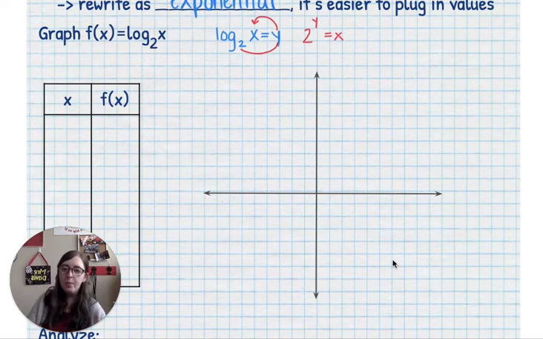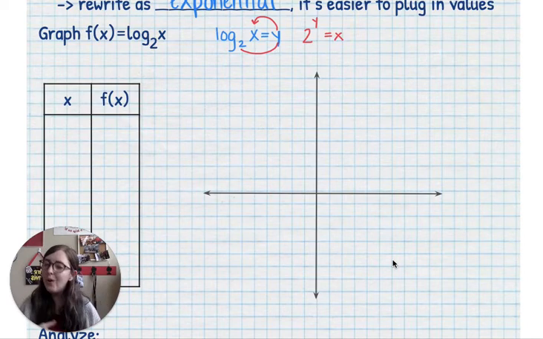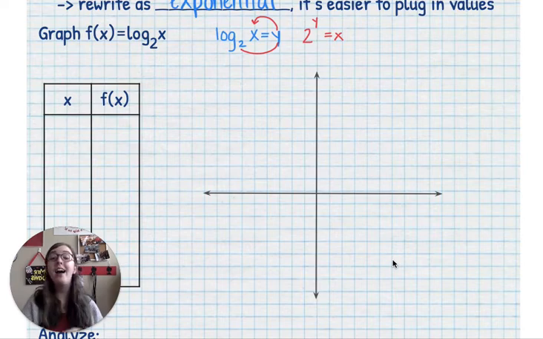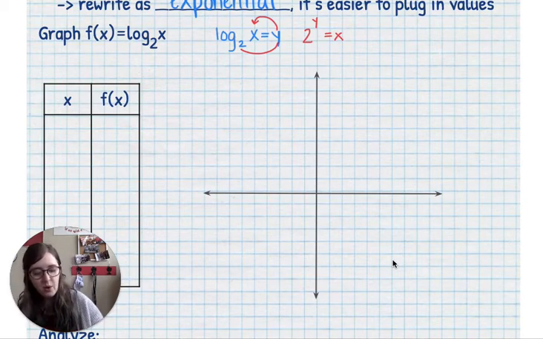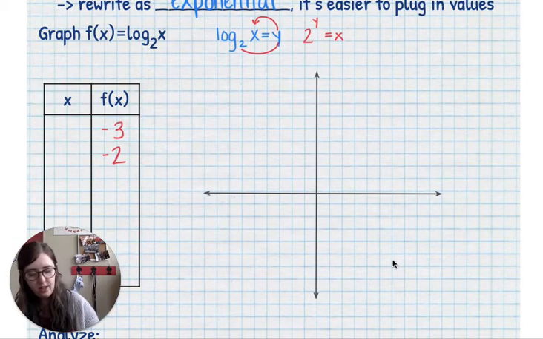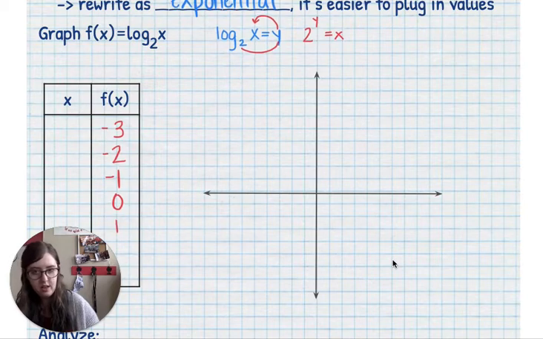Now normally we plug in for x and solve for y, right? Well, it's a whole lot easier to plug in for y and solve for x. It's still going to give us points on our graph. It's just easier to find them. So for y, or f of x, we're going to plug in -3, -2, -1, 0, 1, 2, and 3.